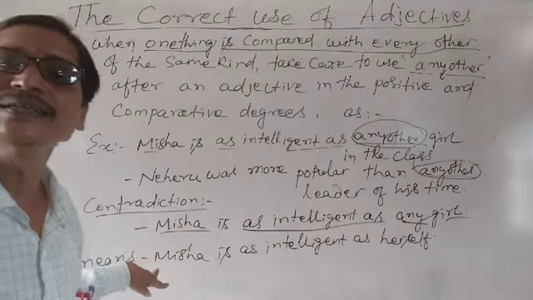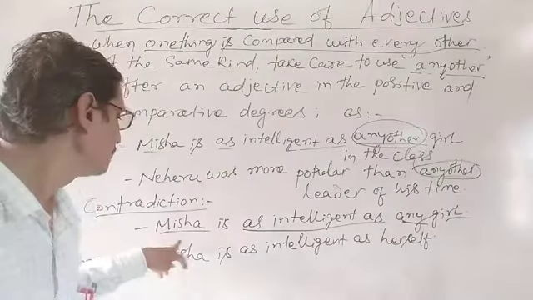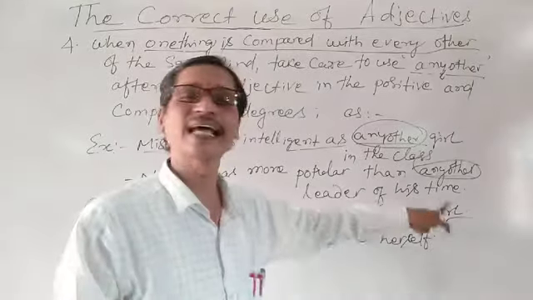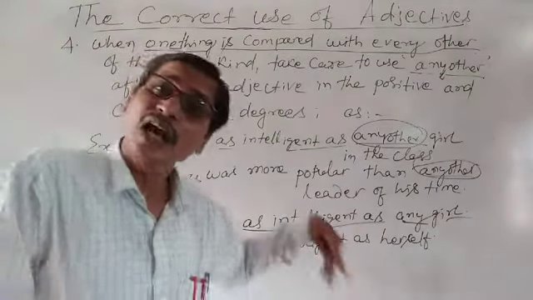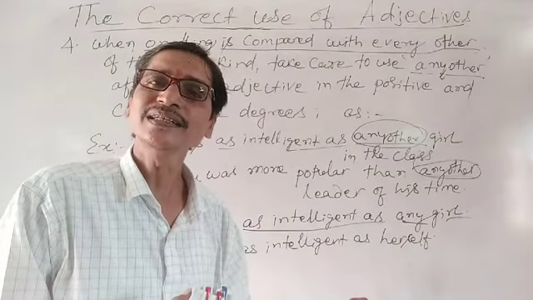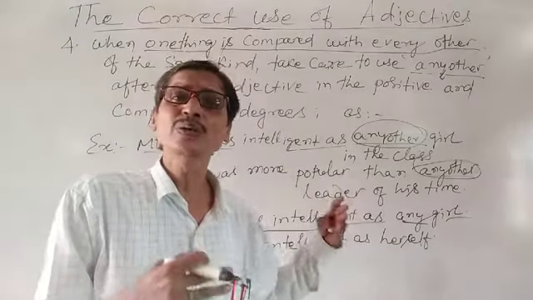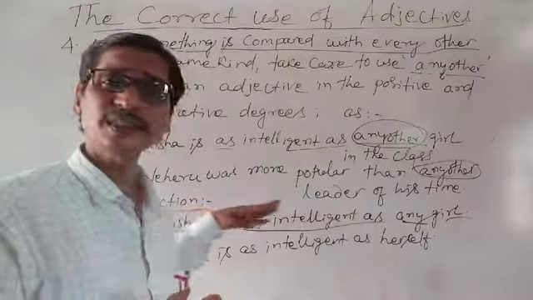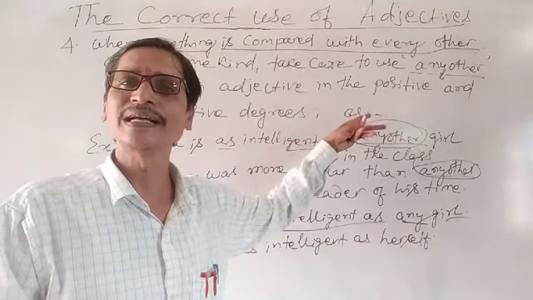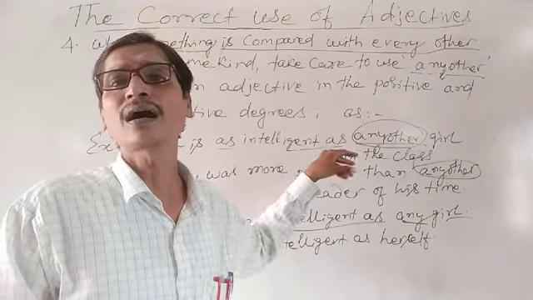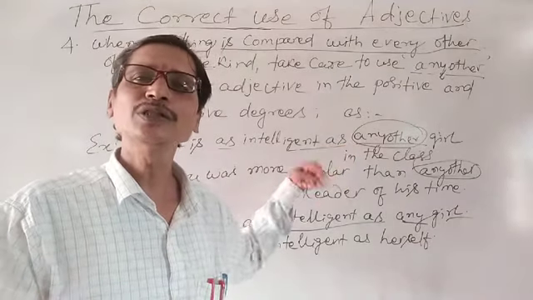And like this, next example, Misa is as intelligent as any girl. That means Misa is as intelligent as herself. Understand? We cannot use these things without using other while we are comparing. But it has some contradictions for the superlative degrees.